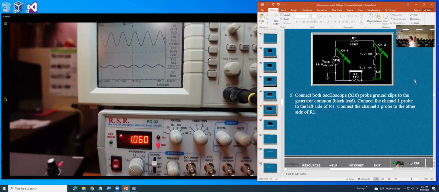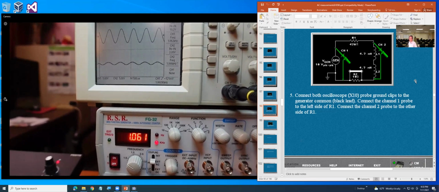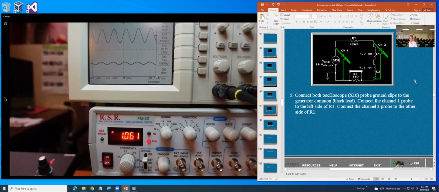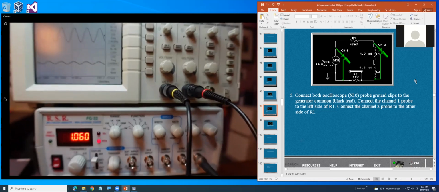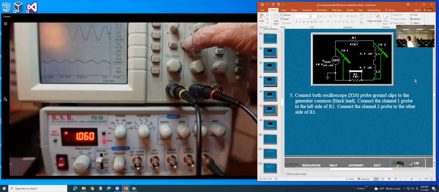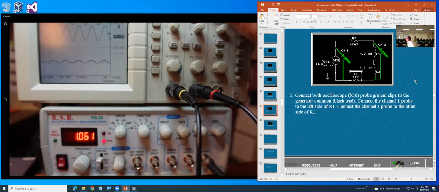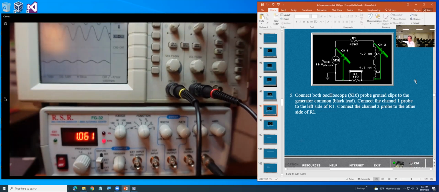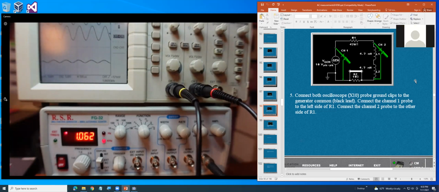Now, what next? Tell me how to do it. Then you want to hit Math. Okay, you hit the Math button. Then in the upper left-hand corner near the screen, make sure it says channel 1 minus channel 2.